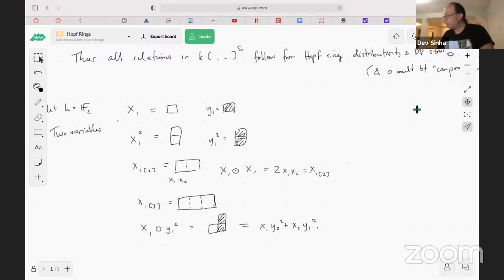And what I'd like to do is go back and go through our calculations in this language. And again, the point is that this Hopf ring distributivity, well, let's see it in action in some of our examples. So I need to scroll back in 2 different places.